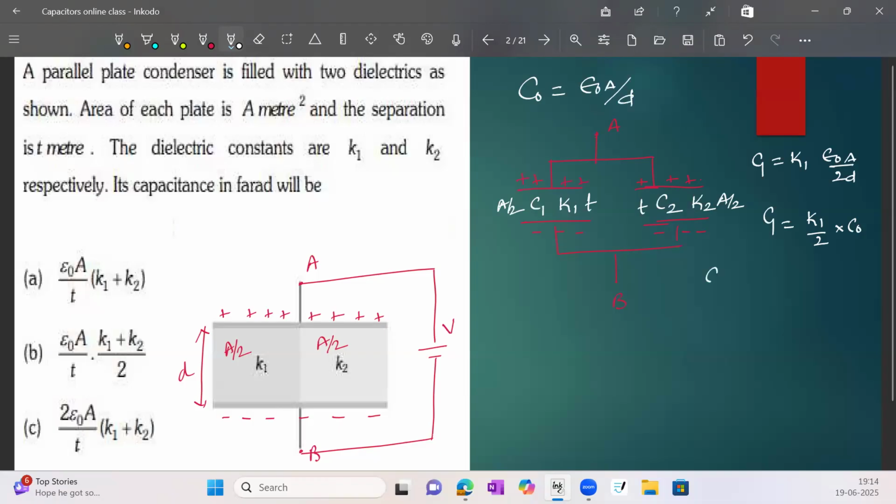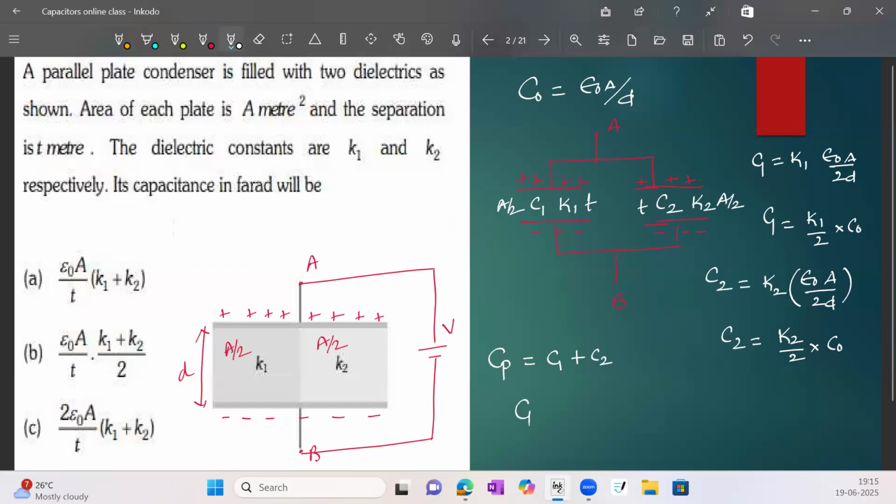Similarly, if you take C2, we can write C2 as K2 into epsilon naught A by 2 into D. So this also becomes K2 by 2 times C naught. Now positives are connected together and negatives are connected together, which means it is a parallel combination. So the parallel formula is Cp equals C1 plus C2.